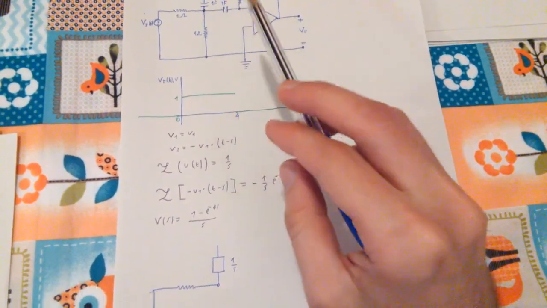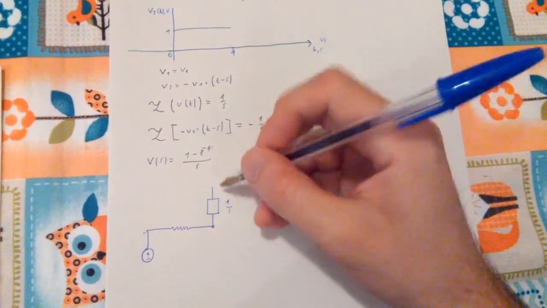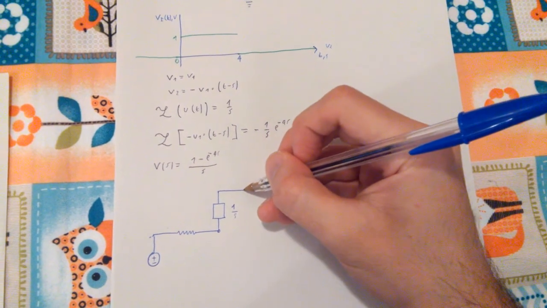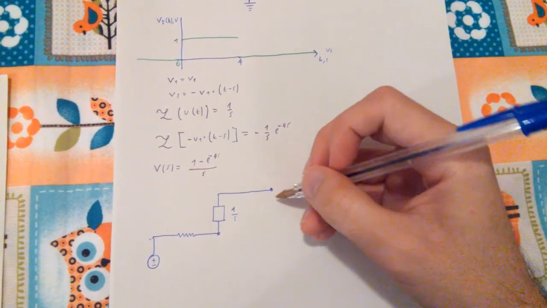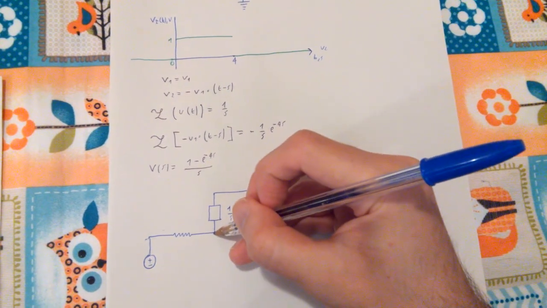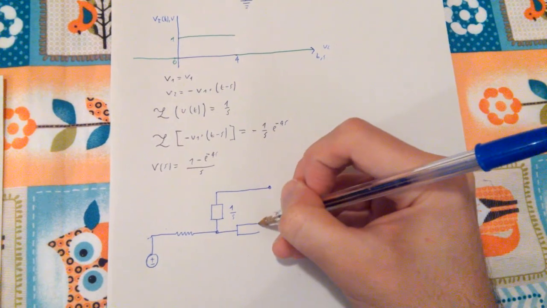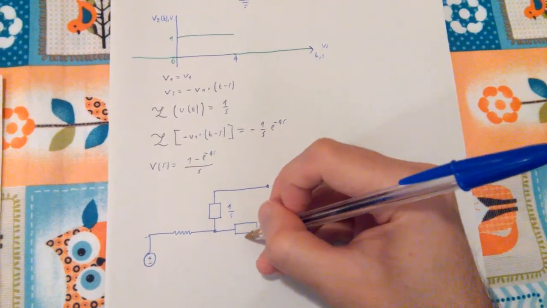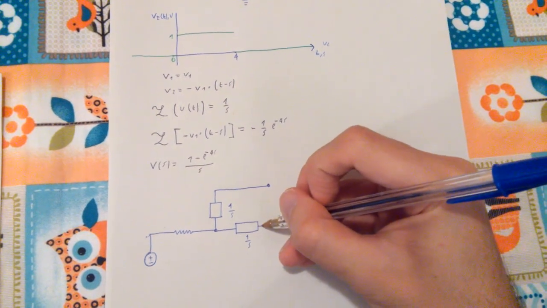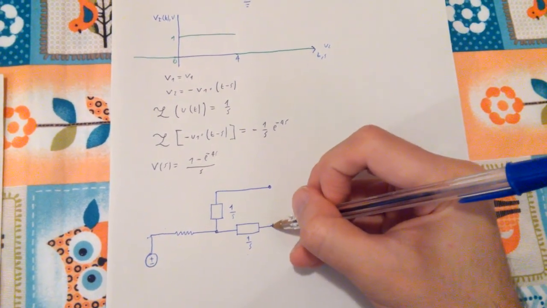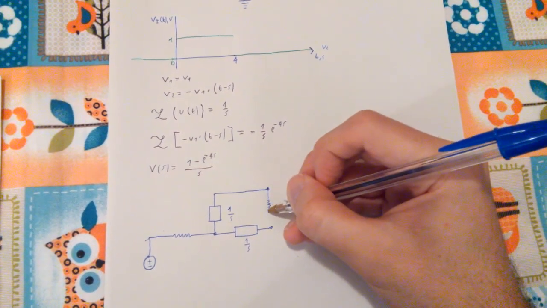Those two are discharged, so they act like impedances in the equivalent circuit of Laplace. And on here I'm going to have the other capacitor, which is swapped with an impedance of the value 1 over s as well, as it was 1 farad. Then here we will have another resistance.